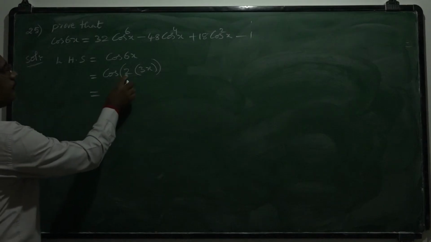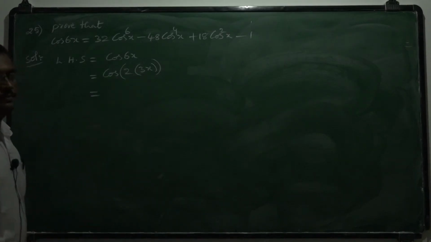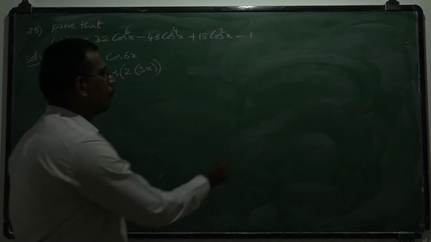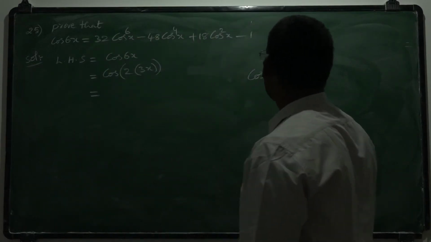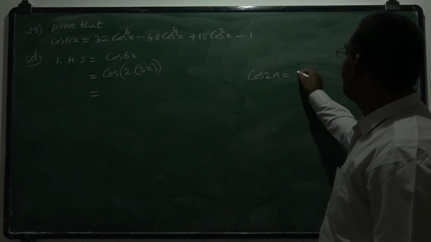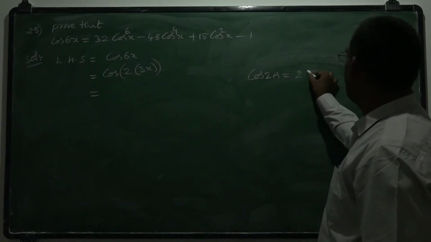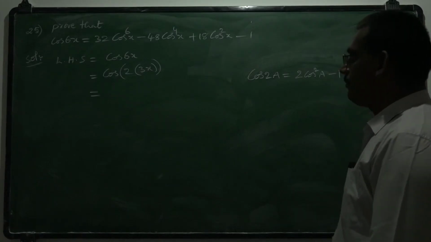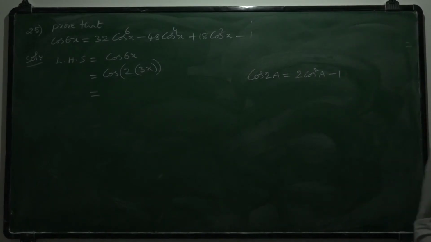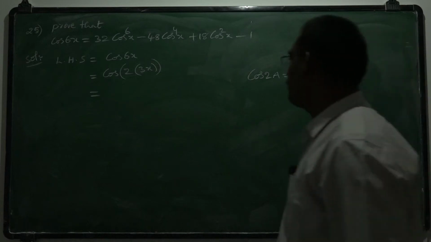So this is in the form of cos 2a. We know the formula of cos 2a in terms of cos: cos 2a will be equal to 2 cos square a minus 1.